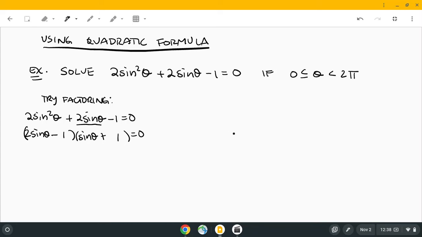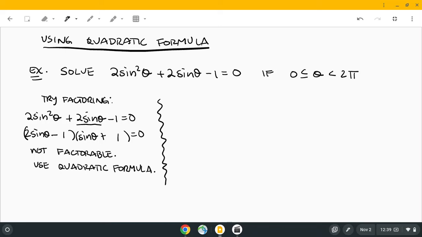So it's not factorable. Once you realize that it's not factorable, then you have to use the quadratic formula. All right, this one's going to get a little messy, so let's try to keep track of everything.